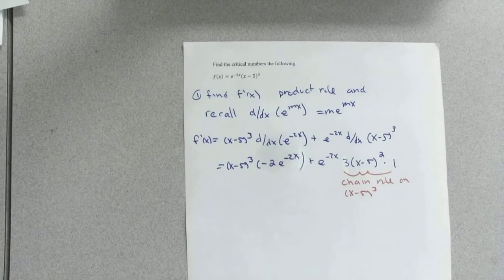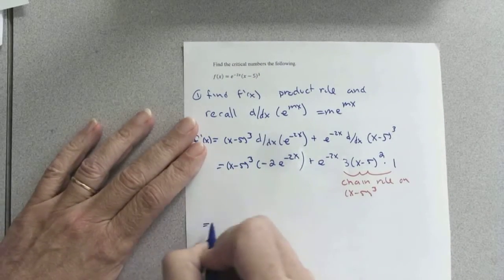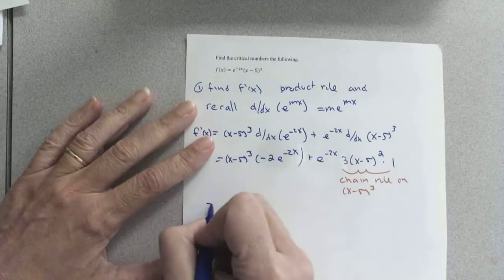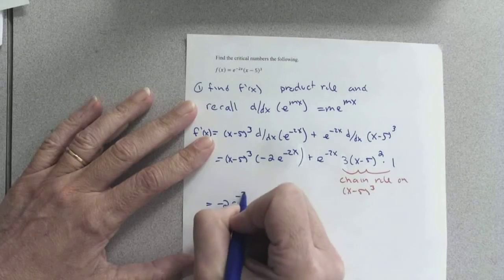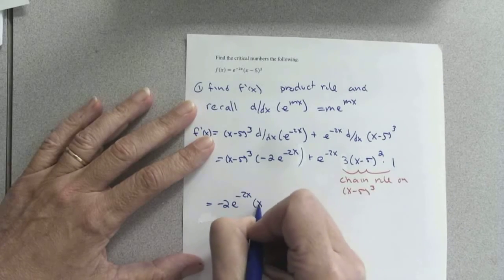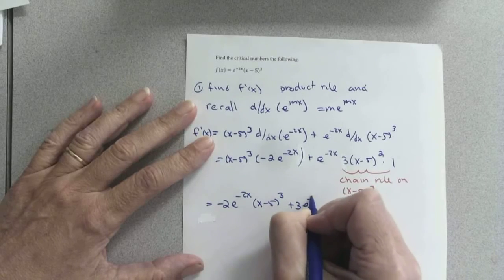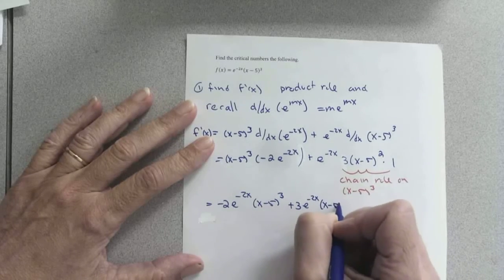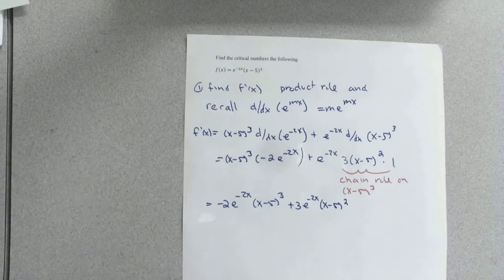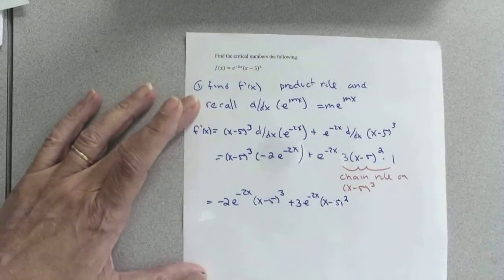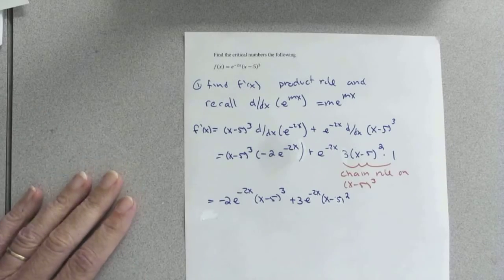Now let's simplify this a little bit. So we're going to have -2 e to the -2x, x minus 5 quantity cubed, plus 3 e to the -2x, x minus 5 quantity squared. First step is simplification. Let's factor that.